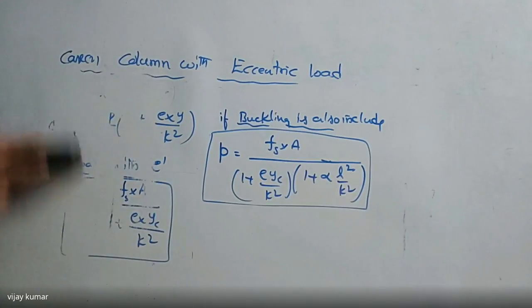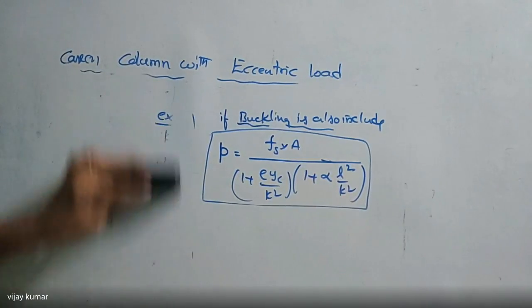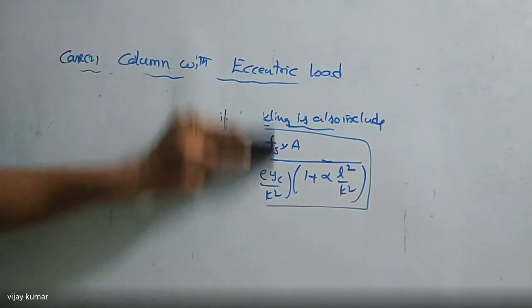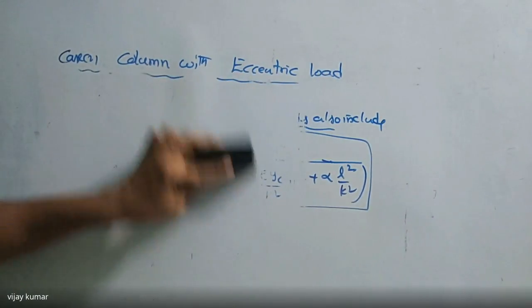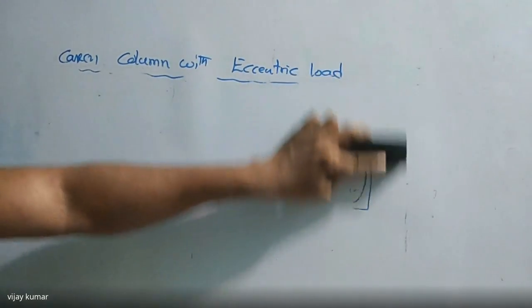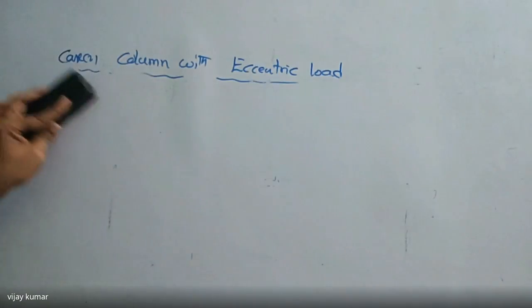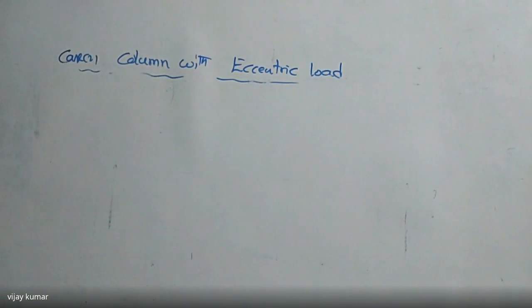According to Euler's method, we can find the critical eccentric load on a column by using the secant formula. After small modifications, we use Perry's formula.